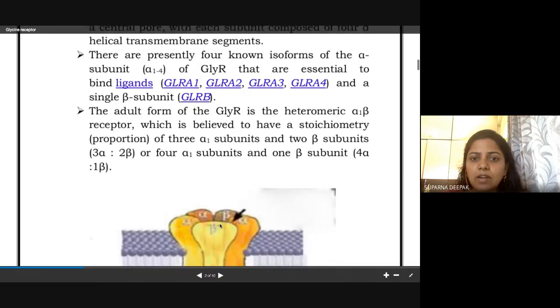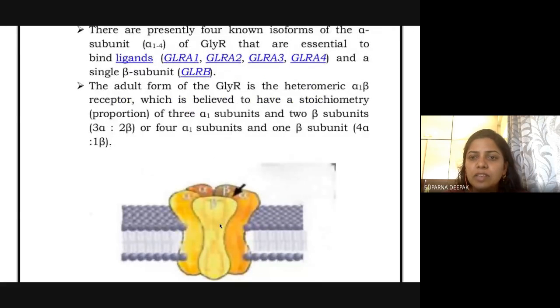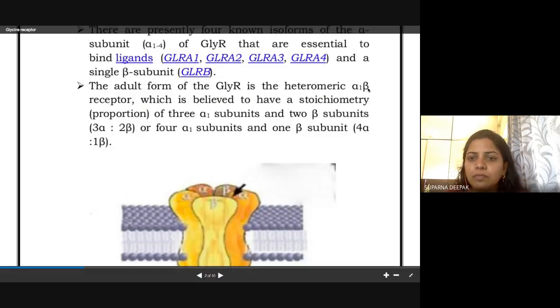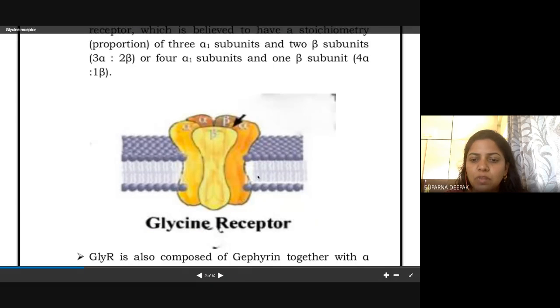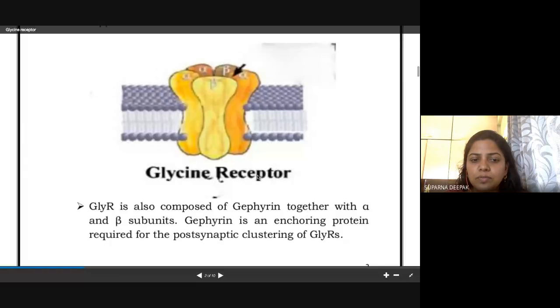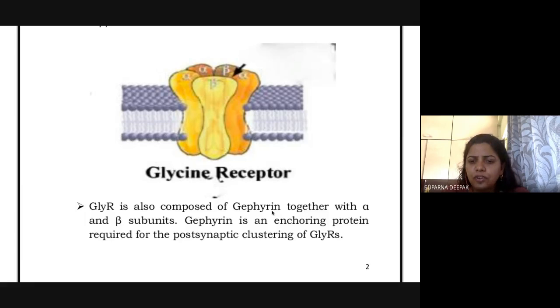The adult form of these receptors is heteromeric, that is the alpha 1 beta receptor, which is believed to have this stoichiometric proportion. That means this is the most common one that you have. It is mostly composed of protein together, that is the gephyrin protein. This gephyrin protein is bound to your beta subunit, which is helpful in anchoring the receptor into the postsynaptic zone.